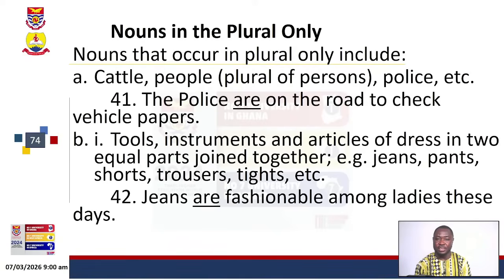Tools, instruments, and articles of dress in 2 equal parts joined together. Example, jeans, pants, shorts, trousers, and tights are also used as plurals. Okay? So jeans are fashionable among ladies these days. Trousers are also fashionable among ladies these days.